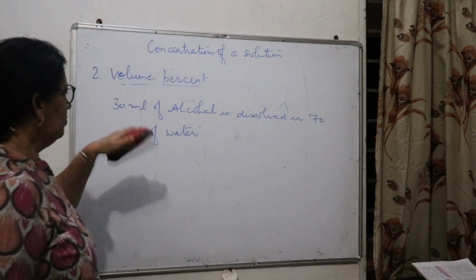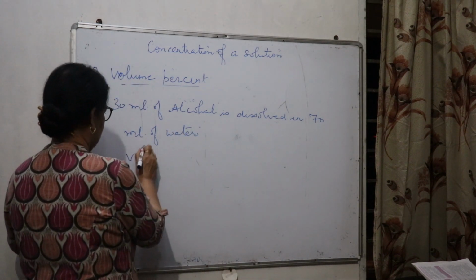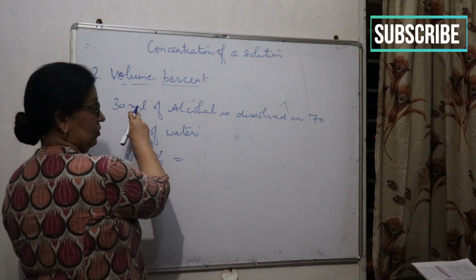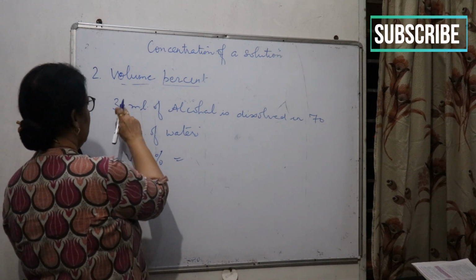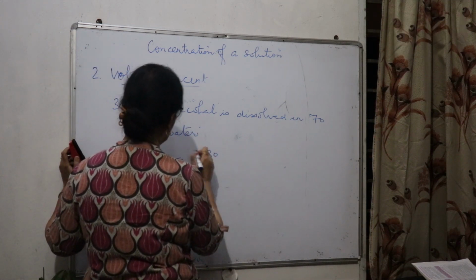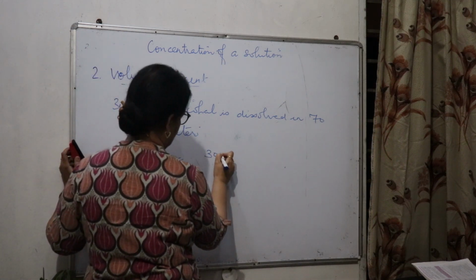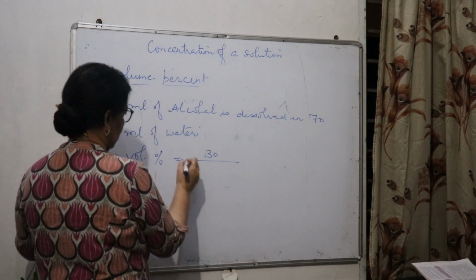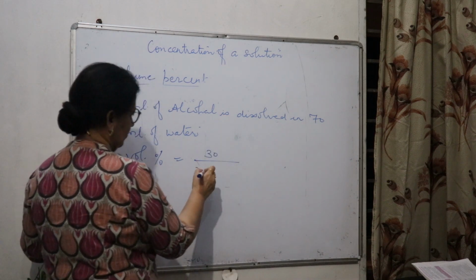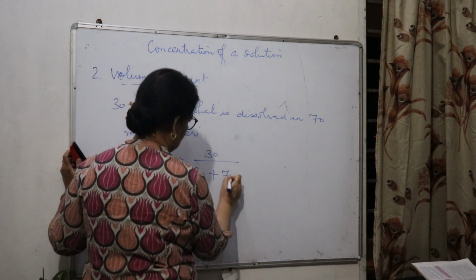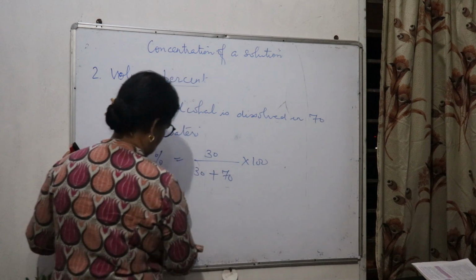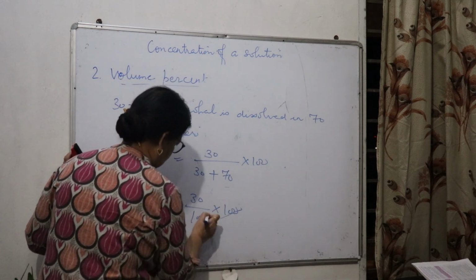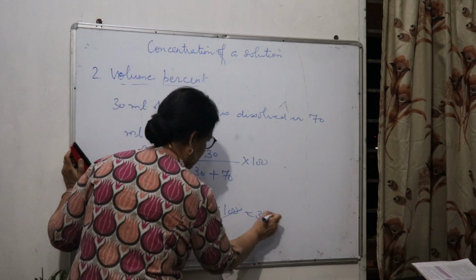What is its volume percentage? Volume percentage is equal to volume of solute in milliliter, 30, upon volume of solute, that is 30, plus volume of solvent, that is 70, into 100. So 30 upon 100 into 100, that comes 30%.